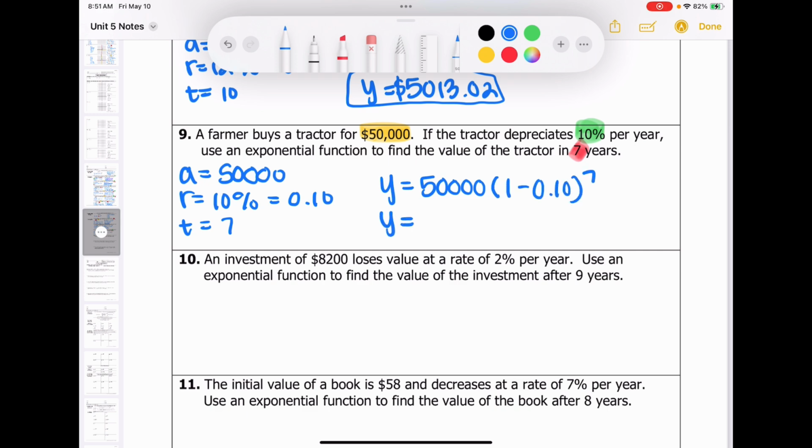So I'm going to have y equals 50,000, parentheses 1 minus 0.10 to the 7th power. And I get $23,914.85.